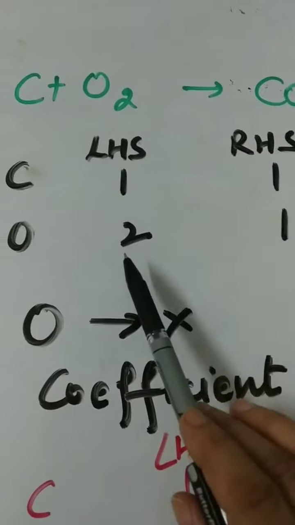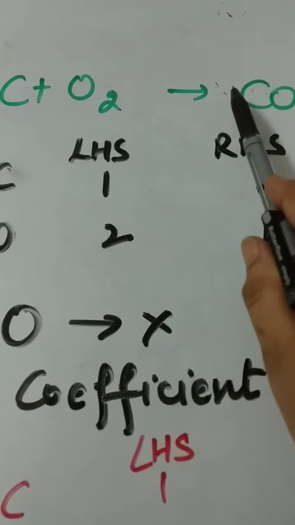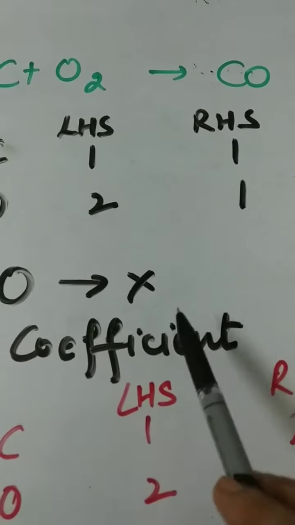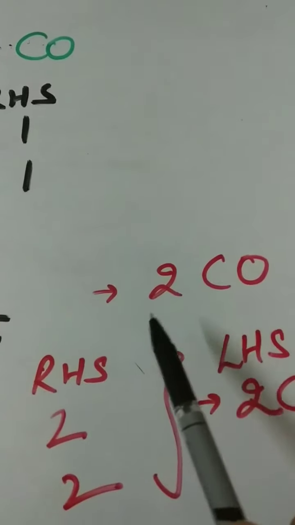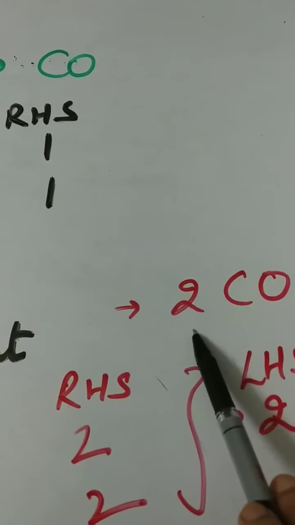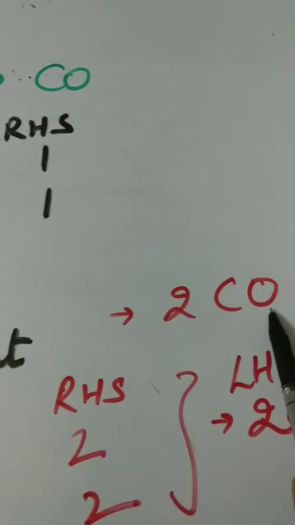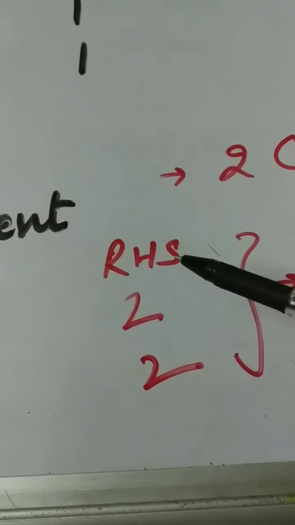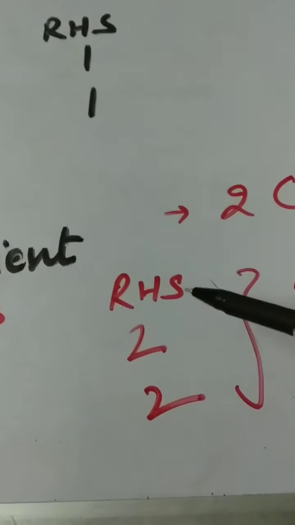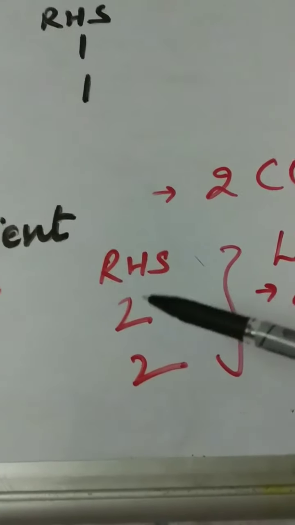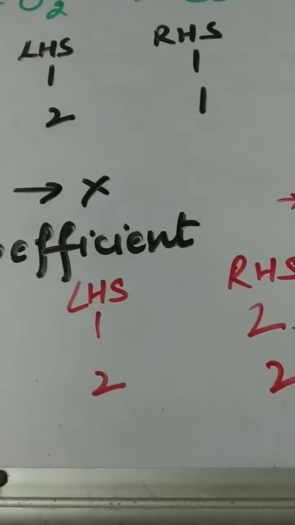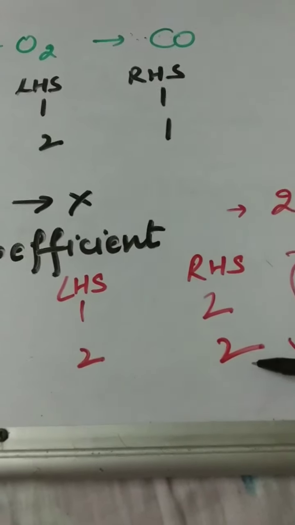If we put 2 as a coefficient in front of carbon monoxide CO on the product side, then on the product side, right hand side, there are carbon 2 atoms, oxygen 2 atoms.